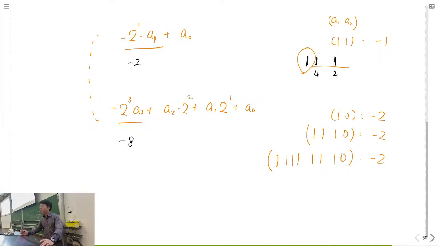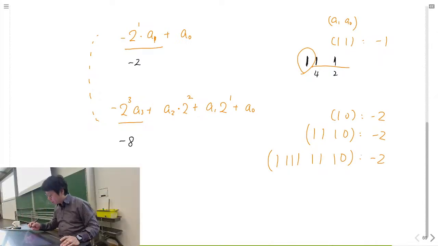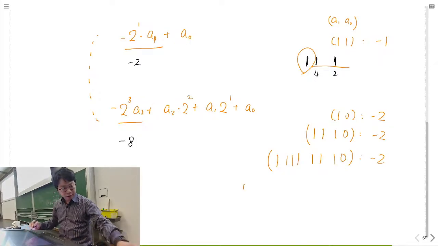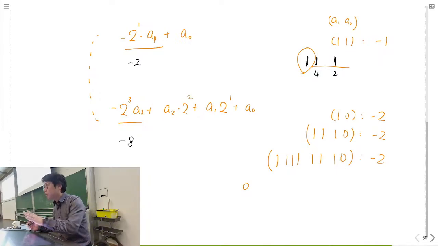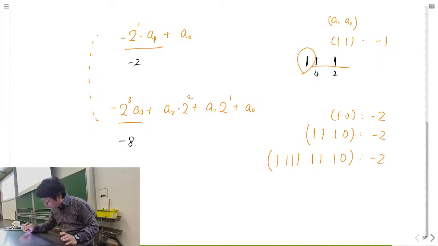If you want to keep that to 16 bits, you can still do the same thing, right? Let's not do 16 bits because I would do too much. Let's do 9 bits. So then 1, 1, 1, 1, 1, 1, 1, 1, 0. This is minus 2 as well.